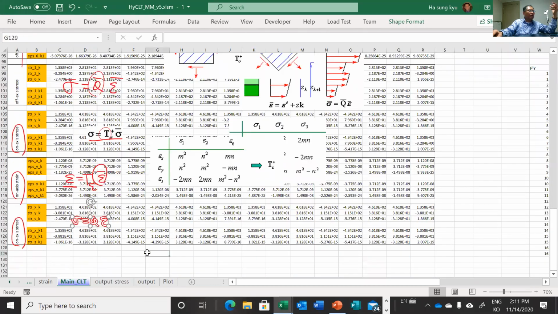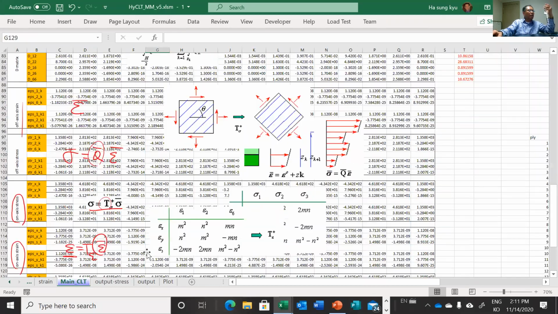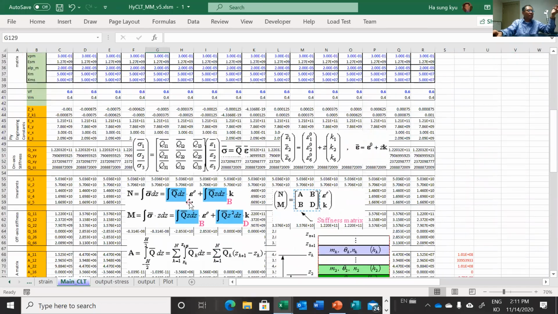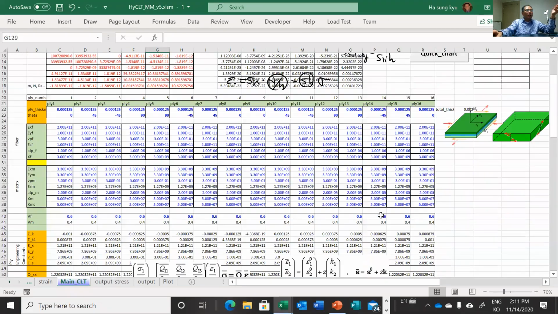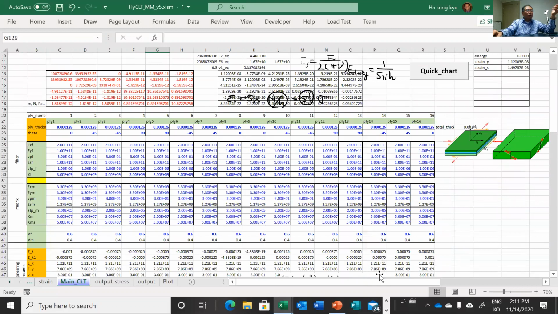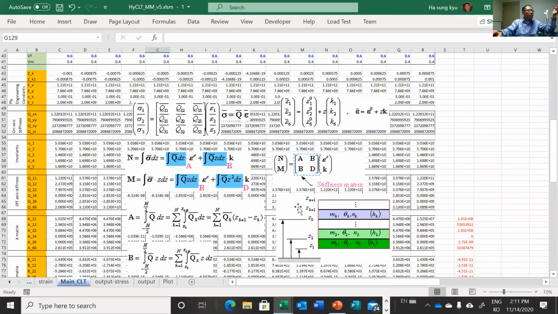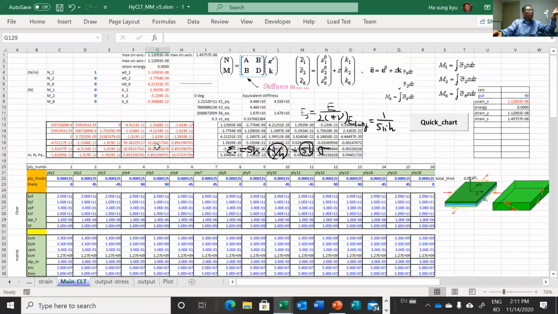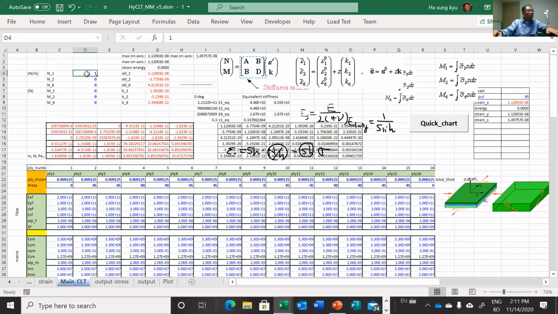Okay. Now, anyhow, we can play with any layups, any load. We can get the strain and stress in the on-axis. Now I would like to point out how we can design. Design means that let's say we have a load, say 2-to-1 ratio load, or 1-to-1 ratio load.